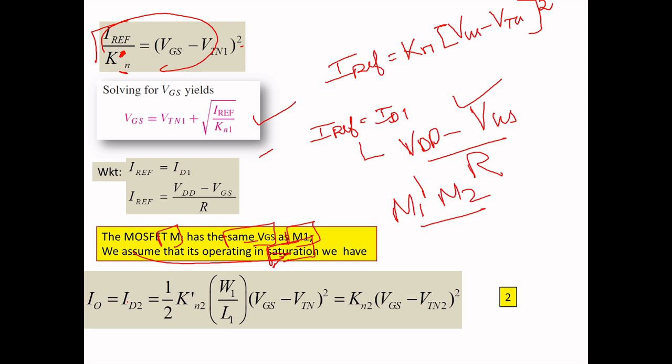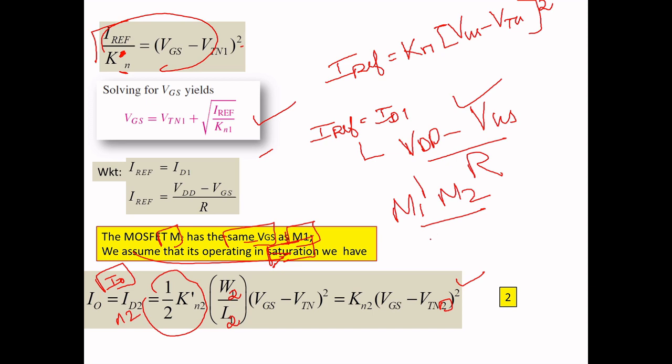So I can write I0 equal to ID2, equal to 1 by 2 K dash n2, this is for transistor 2, W2 by L2 into VGS minus VTN whole square. This whole term I can write as Kn2, and this VTN I can write as VTN2, representing the second transistor. So this is for the output current, that is the M2 transistor.